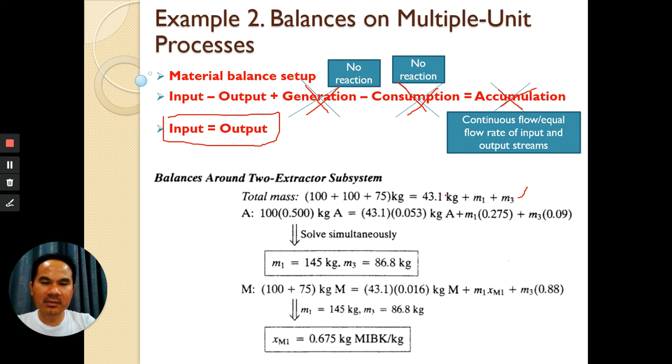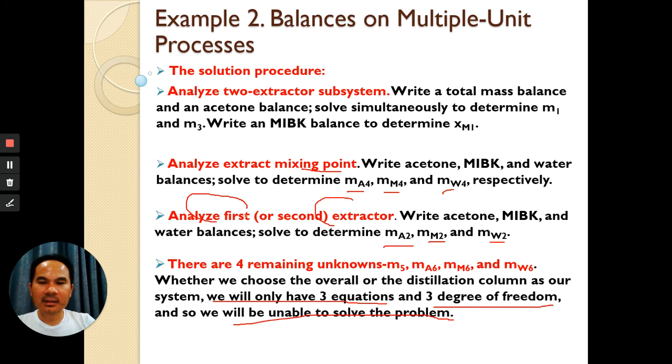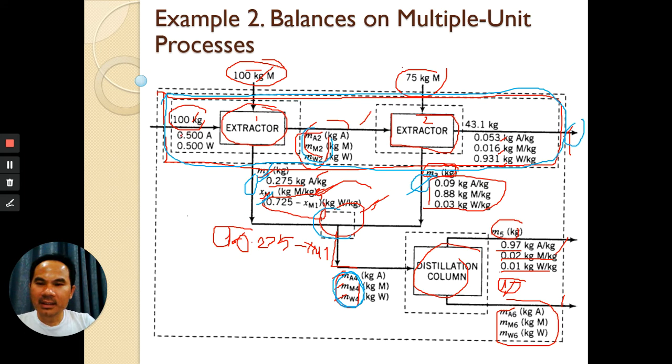100 plus 100 plus 75 kilograms equal to M1 plus M3 plus 43.1. And then your balance is the A balance. A input is 0.5 multiplied by 100. There is no A in the other input, we have only one input of A, 0.5 multiplied by 100.